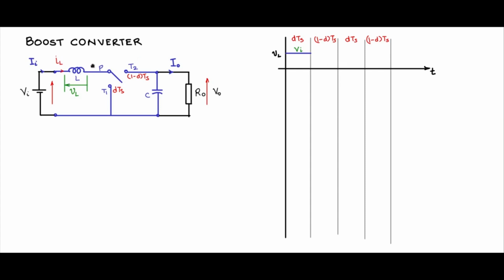That can happen only if V0 is greater than Vi. So it is automatic that V0 will be greater than Vi in order to have the volt second balance happening. So this will become negative like this, and so on to the next cycle, Vi and V0, Vi minus V0. So this is the voltage waveform across the inductance.